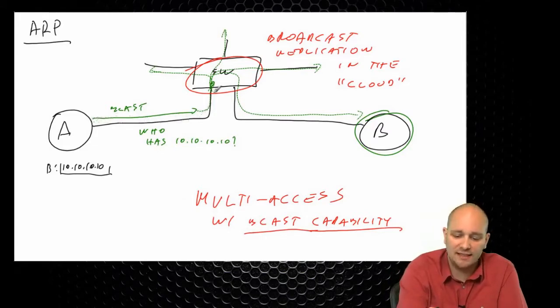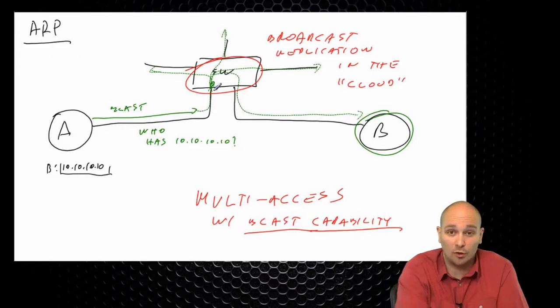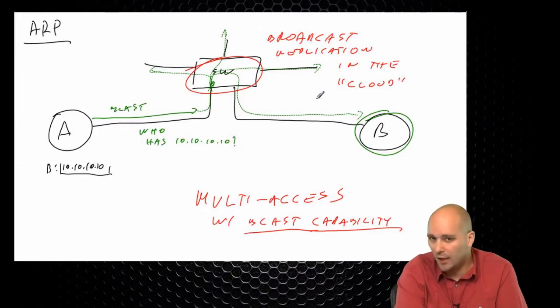We cannot send a single frame to a frame relay switch and tell it, hey, send this to everyone you know about. We cannot do that. So what inverse ARP does is something very, very different.